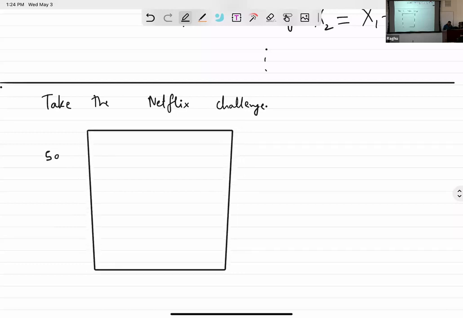which has 500,000 rows, 17,000 columns, and about, I forget, was it 100 million? No, it's 1%. Yes, 100 million non-zero entries. You can't store the full matrix, 500,000 by 17,000.